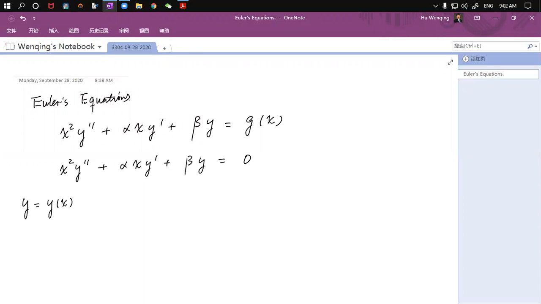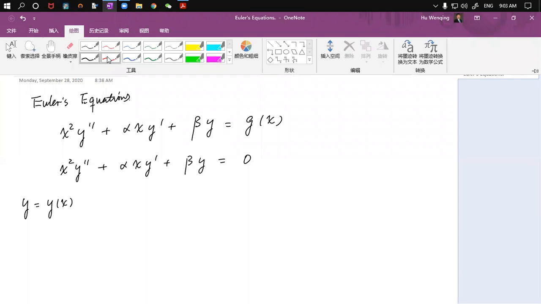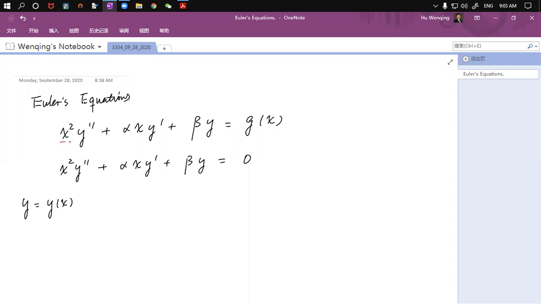Since y is a function of x, x is the variable, y is the function. However, the point here is that this is not constant coefficient, but rather the coefficients here are actually polynomials in x, right?